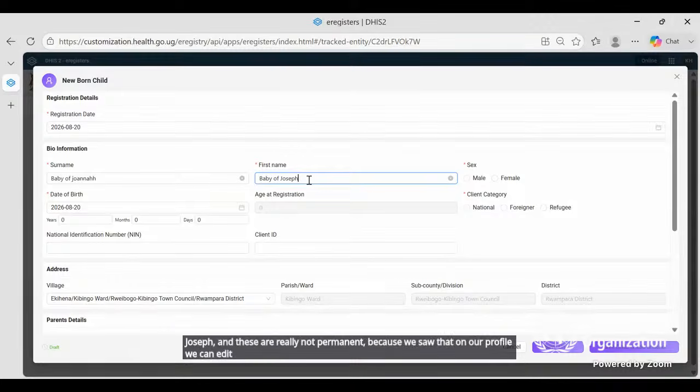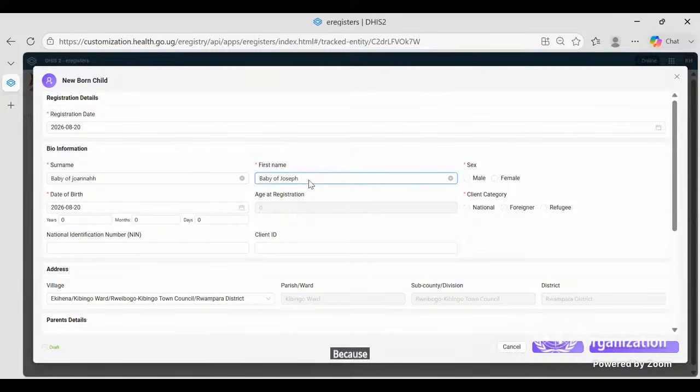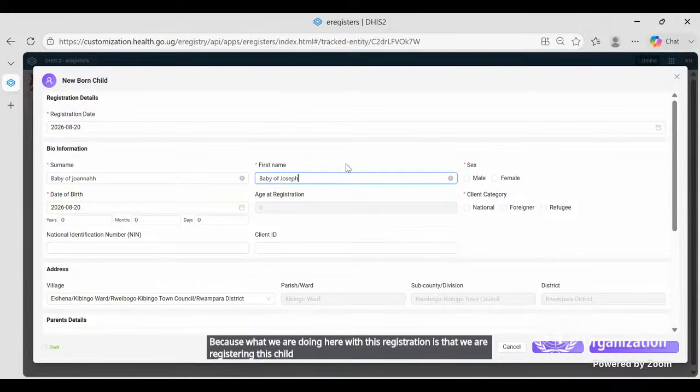Whenever this baby comes back and they have an actual name, we can go ahead and edit their profile. Because what we are doing here with this registration is that we are registering this child as a client on the e-register. Because even within maternity, we are going to give them some services, as we'll see.